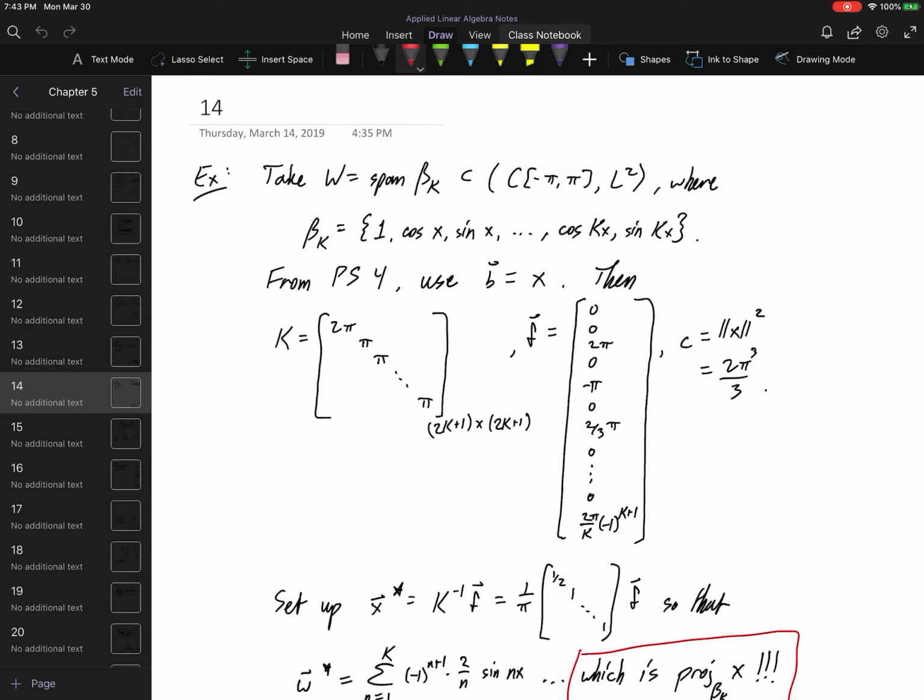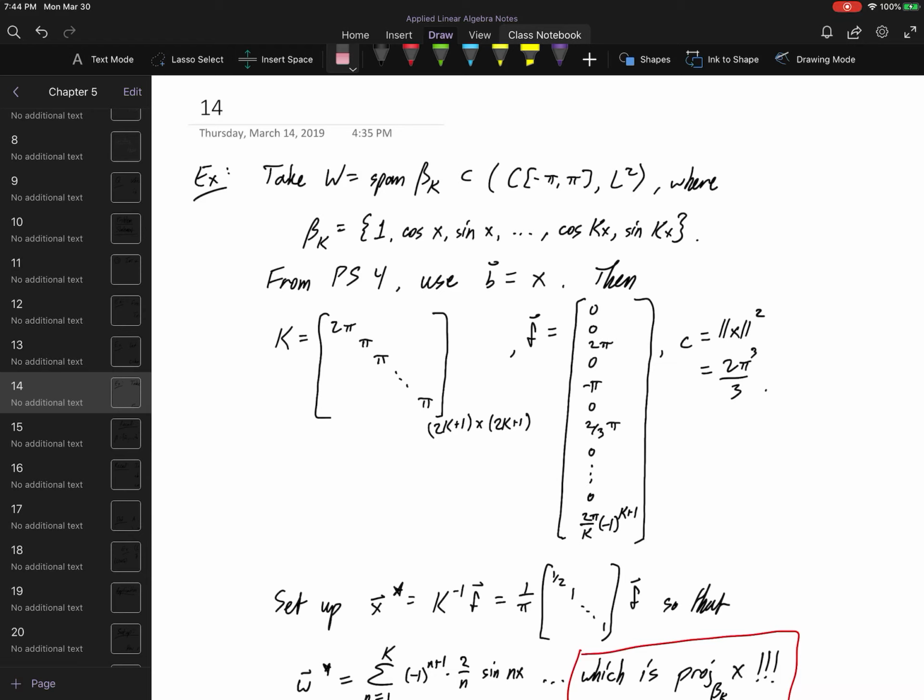And this example comes straight out of the problem set. So if you haven't started working on it by now, you're welcome. This example is what we're going to be looking at. We are trying to show that this x vector on the continuous functions from minus pi to pi with the L2 inner product can be represented as a linear combination of sines and cosines of increasing frequency.